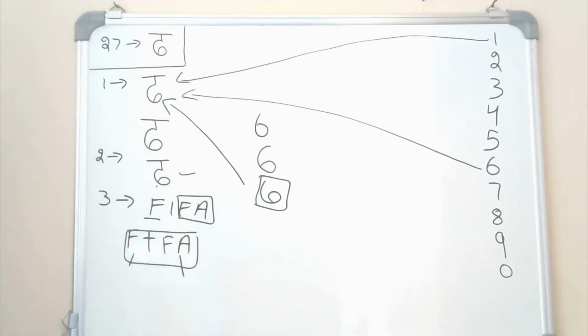Fa. That is the pronunciation of this letter. I will repeat again. From FIFA, I'm going to get the sound of f, and then the sound of fa. Fa. This is how you're going to pronounce this letter.